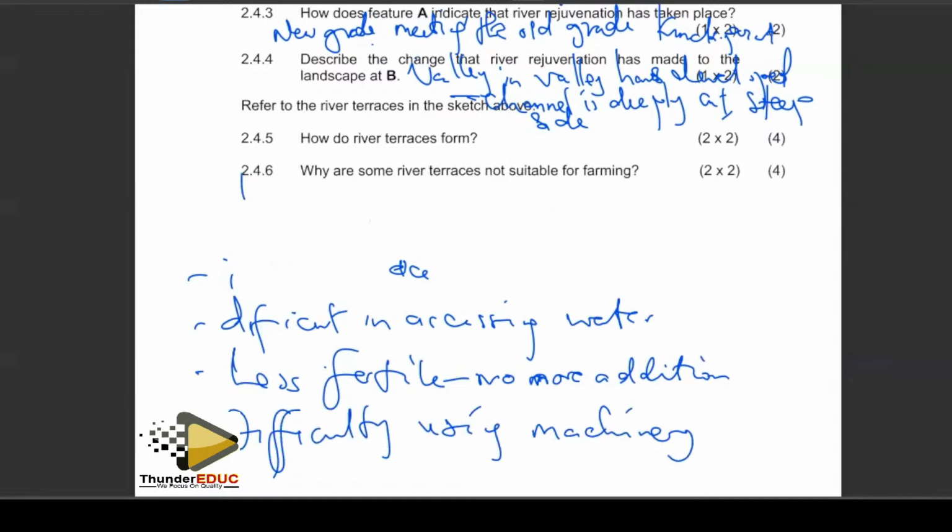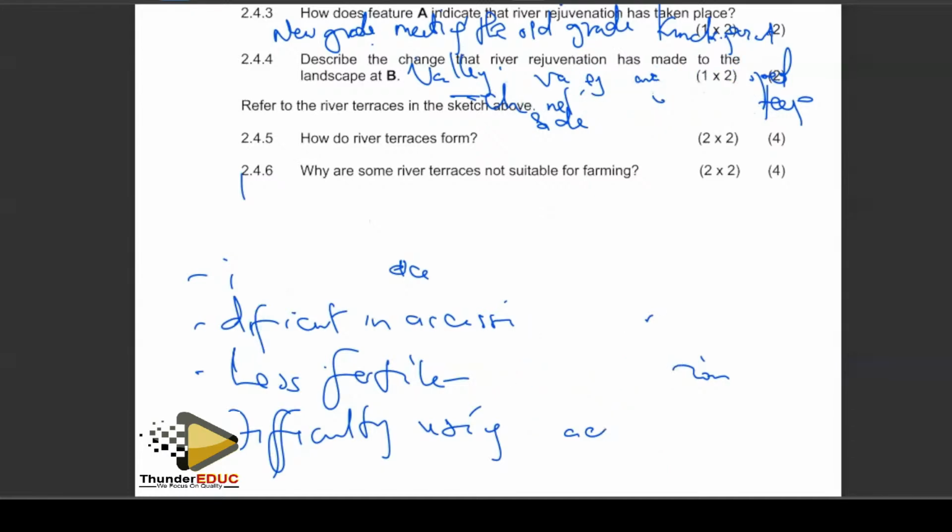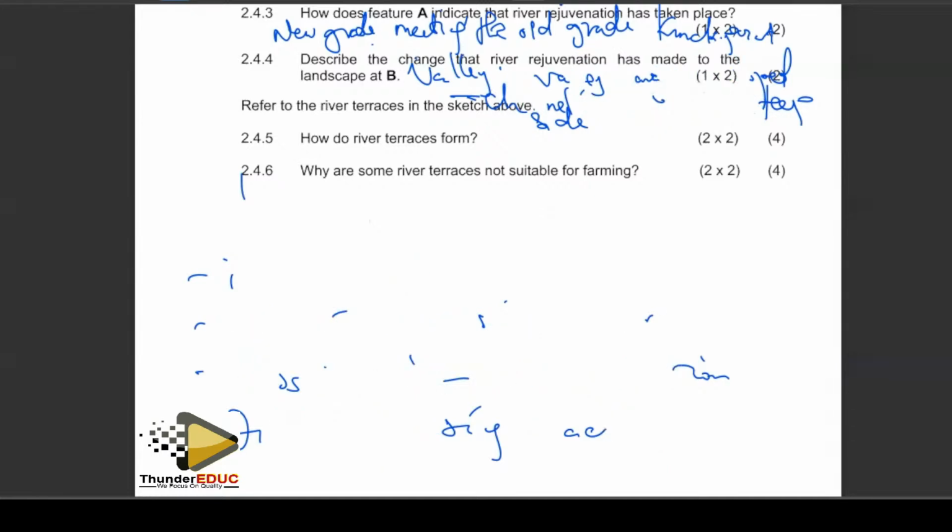Right. That was question number 2.4.6. We need to move on to question 2.5. Right. Question 2.5 is basically one of what I presume is the easiest sections of geomorphology.